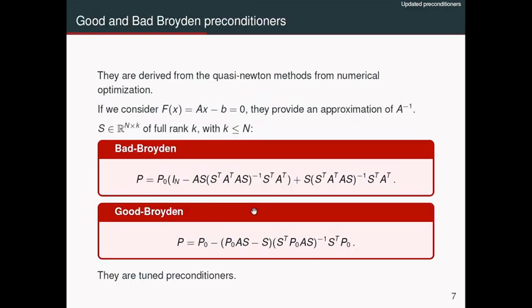So to construct this tuned preconditioner, we can use the Good and Bad Broyden methods that are derived from the quasi-Newton method from numerical optimization.